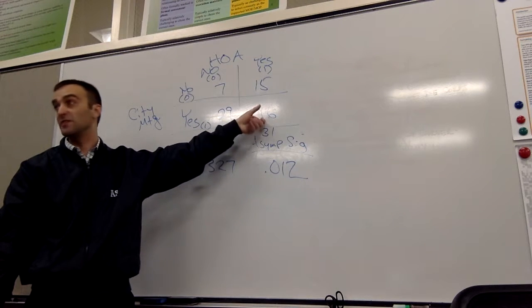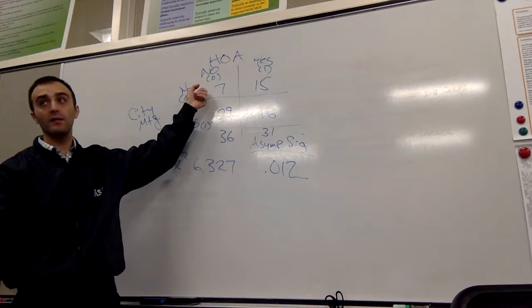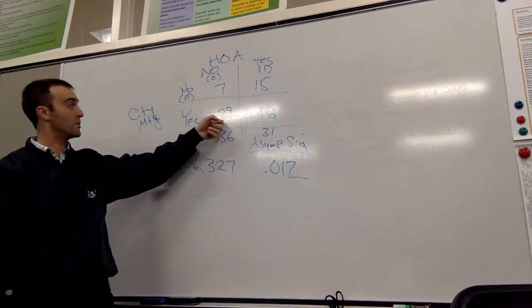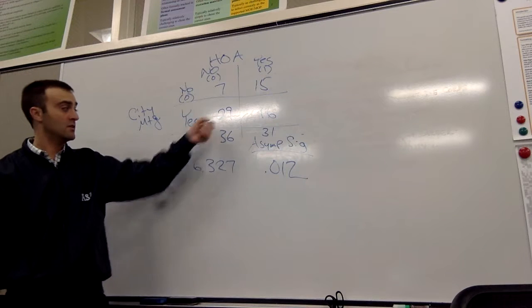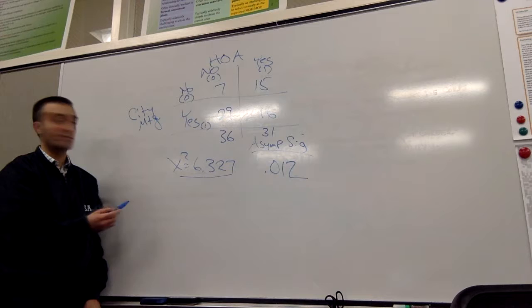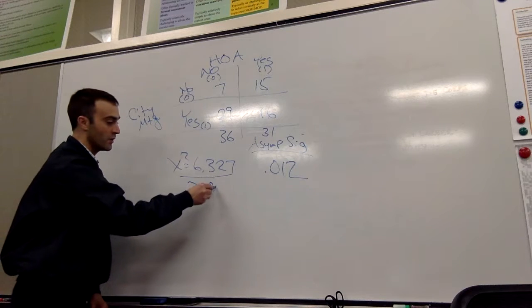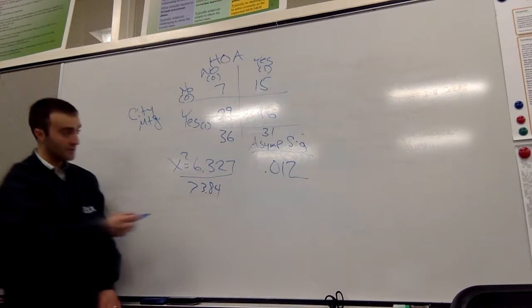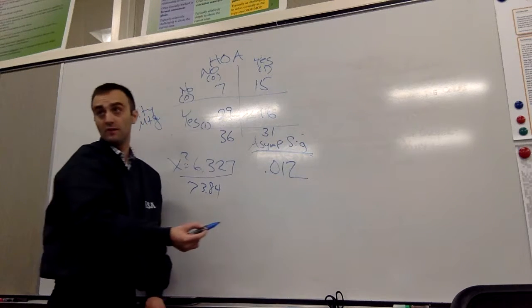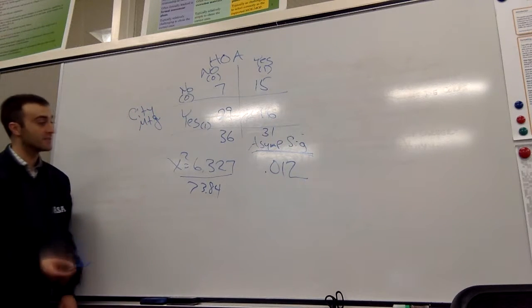So roughly 50-50. Non-HOA neighborhoods, 7 said no, we don't go, but 29 said yes. The chi-square statistic is 6.327. It's obviously greater than 3.84, so it's statistically significant. Or you look in the ASIMP SIG column, 0.012 is obviously less than 0.05, 95% significance.